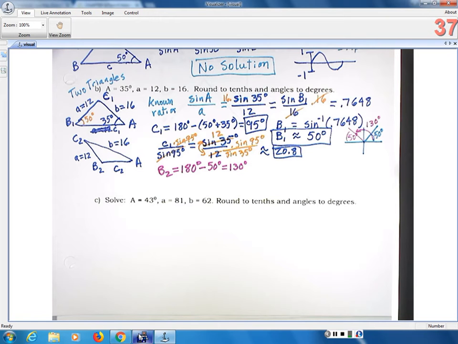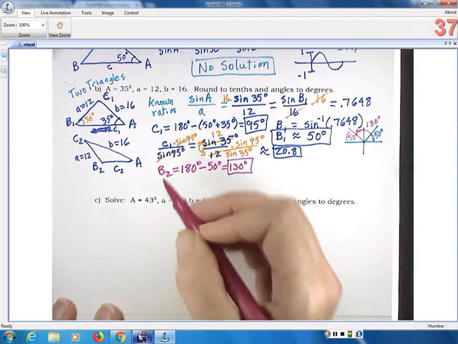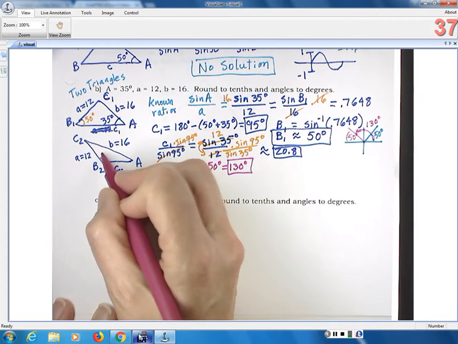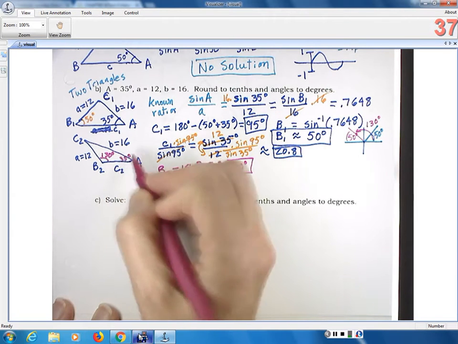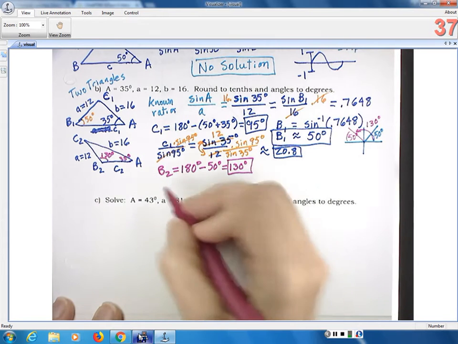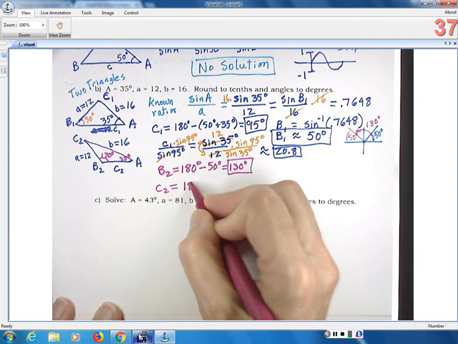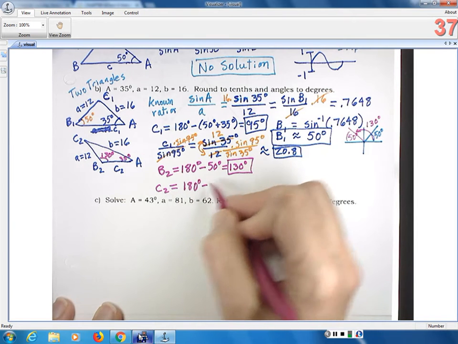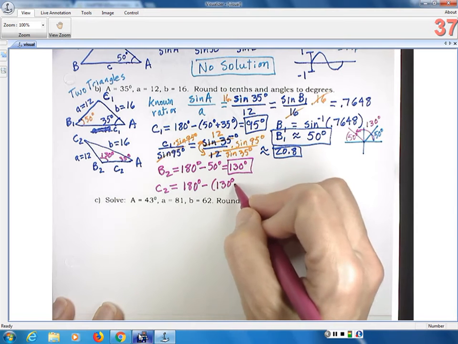So this is building on what you've already learned. B2 is 130, and A is 35. Now we need to find C2. C2 is going to be 180 minus 130 plus 35.